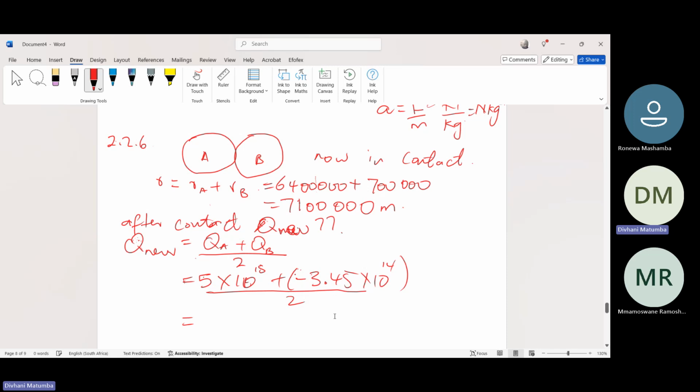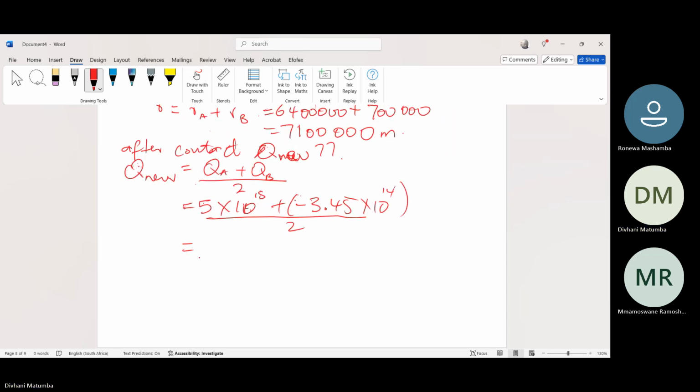So I got 2.328 times 10 to the power of 15. So each sphere will have that amount of charge after the contact.